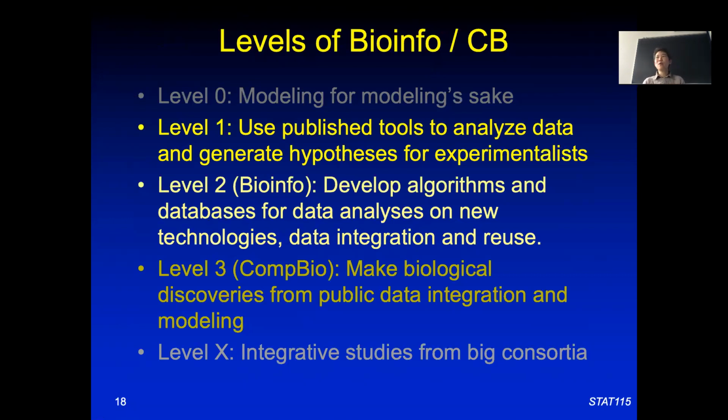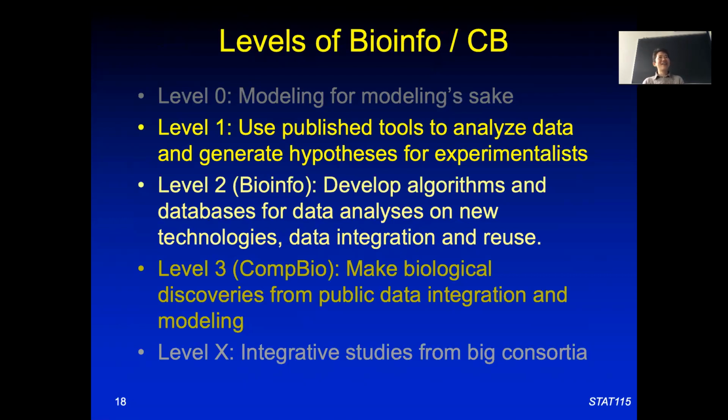I was teaching a course, and then some colleagues came to ask me, there's so much data already. This was before high throughput sequencing. They say, there's so many microarray data available in the public domain on the NCBI website. How do we really utilize this data to really publish good papers?